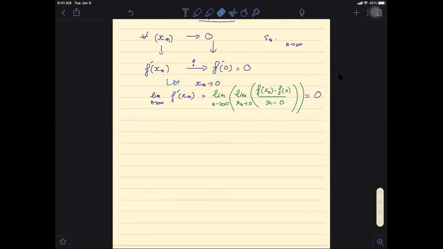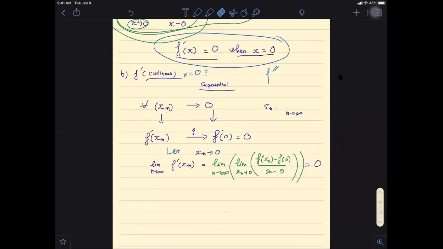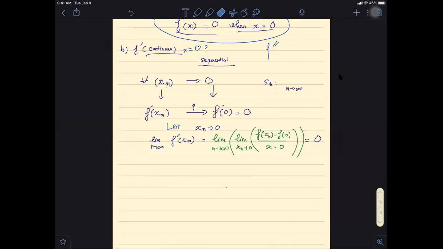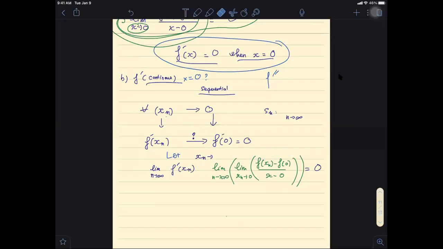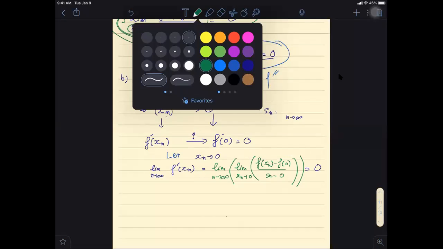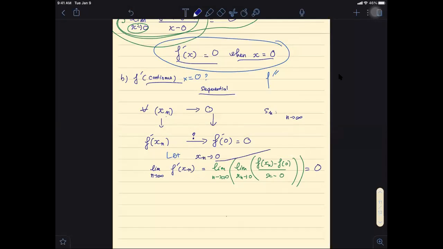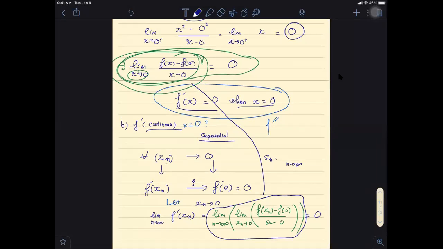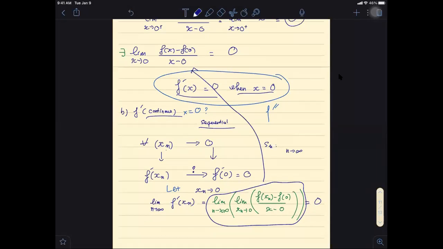So in general, we have this thing, right? The limit as n goes to infinity, with x_n going to 0, of f of x_n minus f of 0 over x_n minus 0. Do you think this one here and this one here are similar?